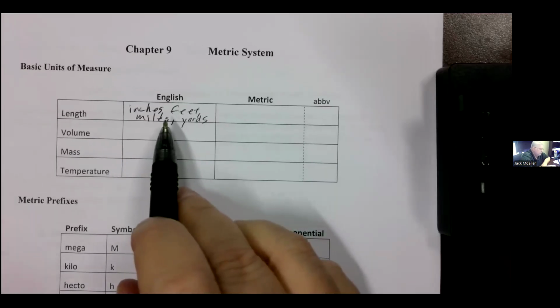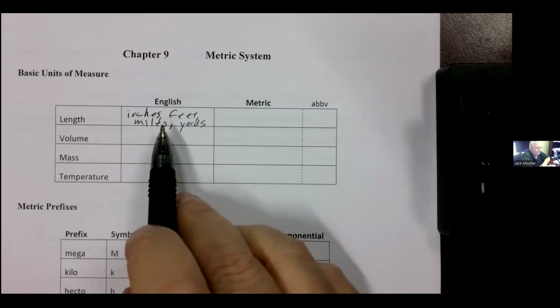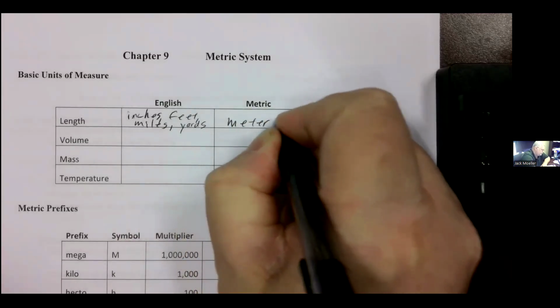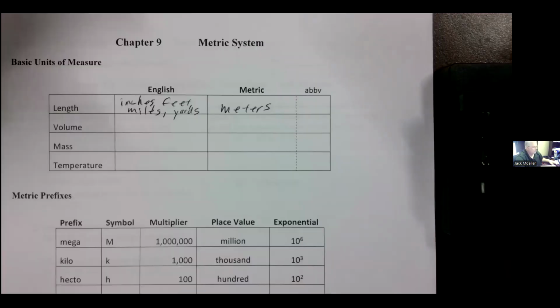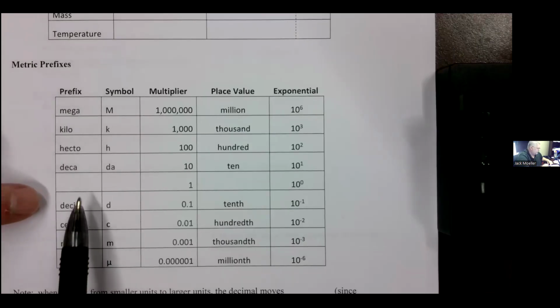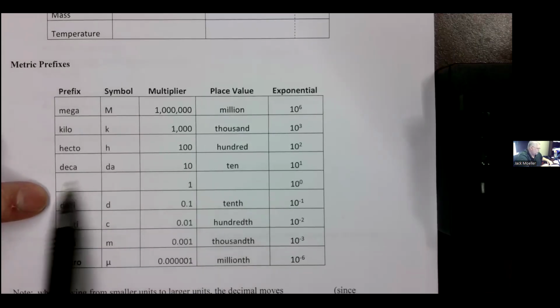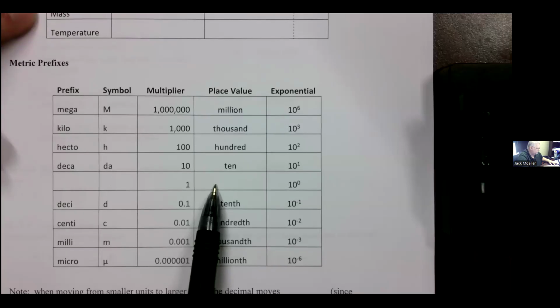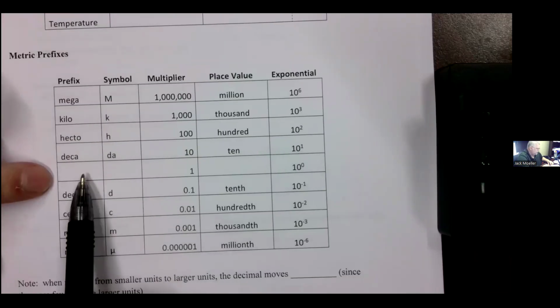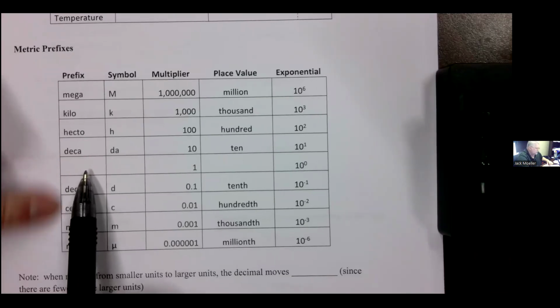Okay, so that's for English. A lot of different ways to measure length. In the metric system, it's just meters. Now, one of the nice things about the metric system, and we'll get into these prefixes after I go through all the units, is you have your core measurement for a dimension, for length, for volume, for mass or weight, and the only thing that changes is the prefixes.